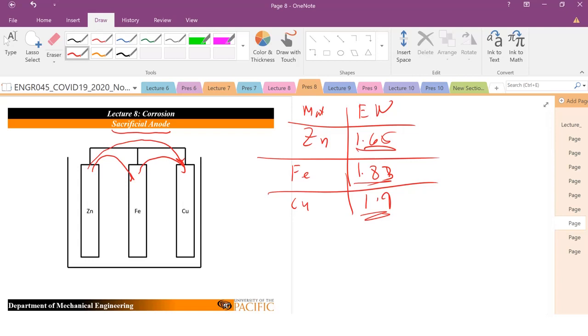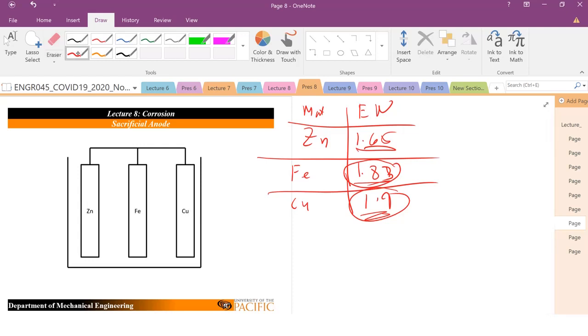Now, sacrificial anode. If we just hooked up iron and copper, and ignored zinc, we know, and we've shown previously, that iron is going to corrode, because the electronegativity of iron is less than copper. Copper is going to be our cathode material, iron our anode material. Now, once we hook this up, the material wants to pull electrons from the easiest source.